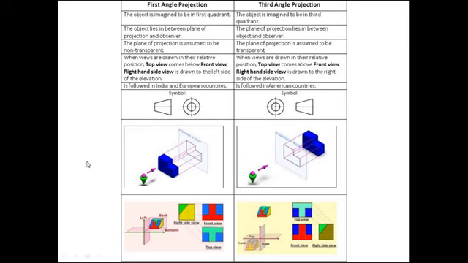If it is drawn in first angle projection, this symbol is given on the paper. If the entire sheet is drawn in third angle projection, then this symbol is given on the sheet. By observing these symbols, anyone can understand in which angle of projection the entire sheet is drawn.